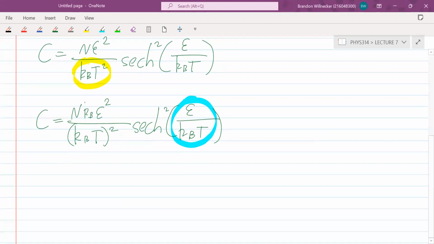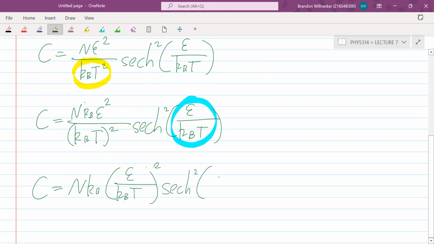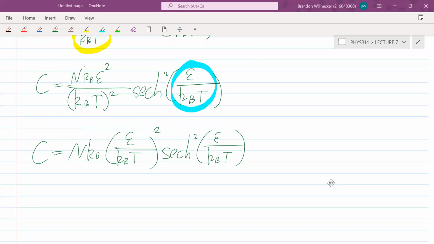Let's put that together. So C is equal to n kB, epsilon over kBT squared, sech squared, epsilon over kBT. So you see how we've got this common factor of epsilon over kBT, which is nice and unitless.